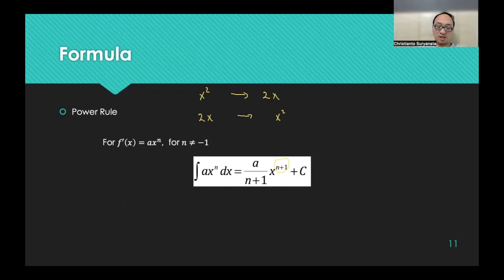So here, it is 2x, and then the power is 1 plus 1, and then divided by the new power, plus c. So the result is x squared plus c. So we add the power first and then divide by the new power.